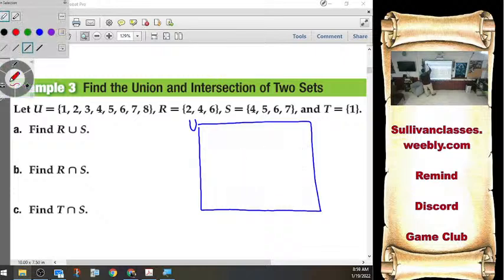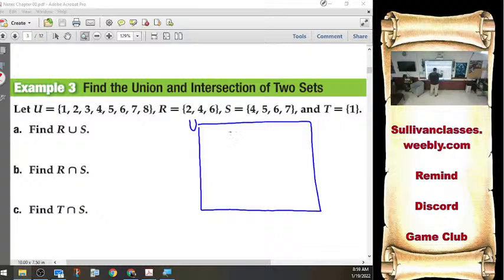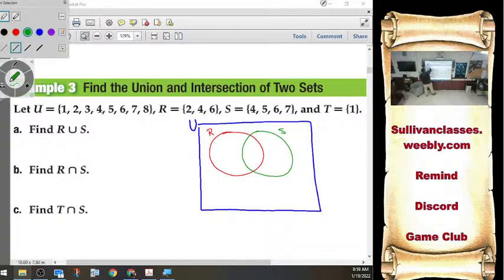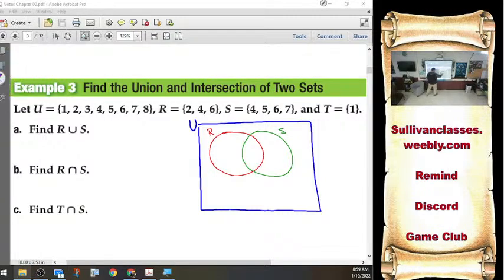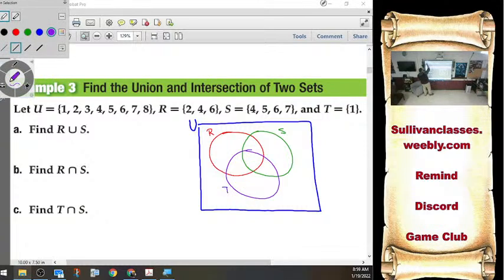That's not to say that I can't have R, S, and T as a traditional circle Venn diagram. I just have to be careful, how do I set it up so that I meet the correct conditions?